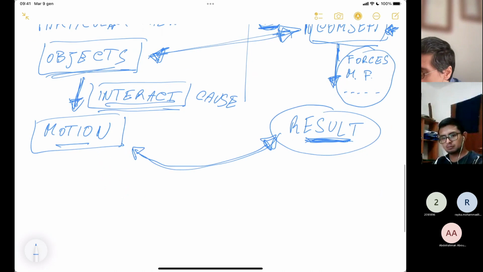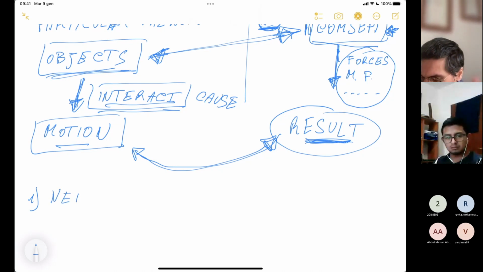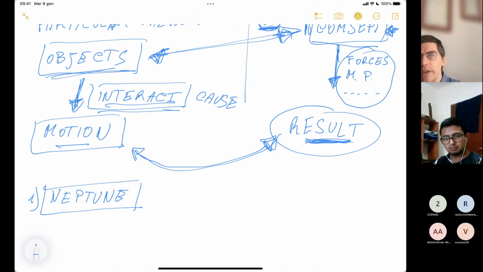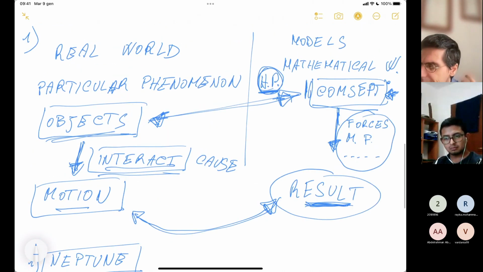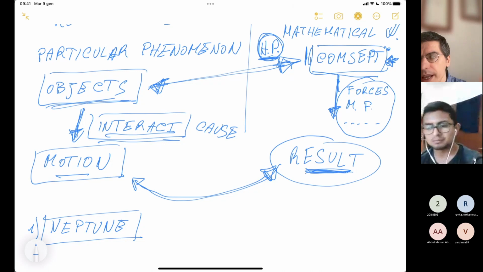The first example is the discovery of Neptune. You know, the planet. I will tell you this because this example is very instructive to understand what is a model and what kind of problem you can face when you build a model.